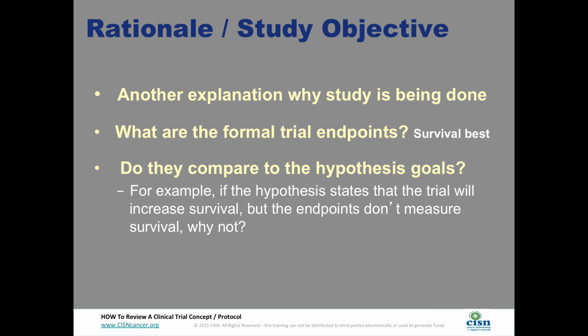One thing that I have found a couple times, because, again, people are cutting and pasting from this paper and that paper and this study and that study, is does the hypothesis match the goals of the study? The hypothesis could state that the trial will increase survival, but they don't have any endpoints to measure survival. So make sure that the goals and the hypothesis match.